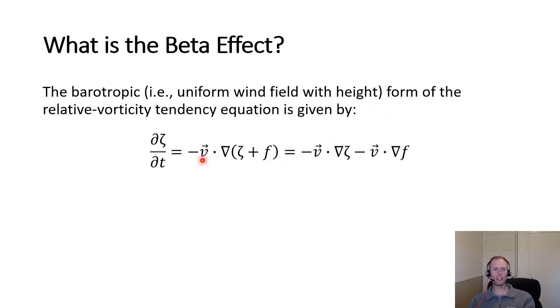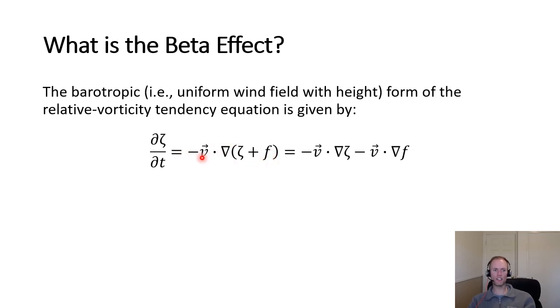And this is an advection term, minus the velocity vector v dotted into the gradient of some scalar quantity. In this case, that scalar quantity is the relative vorticity, so the rotation associated with the wind, plus the planetary vorticity, f, that we see here.